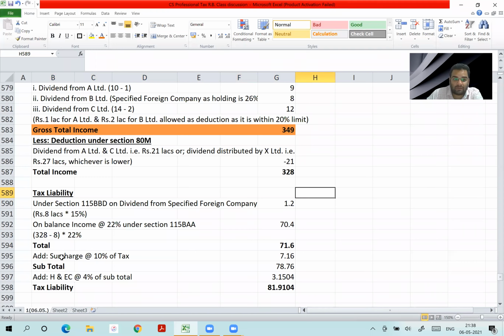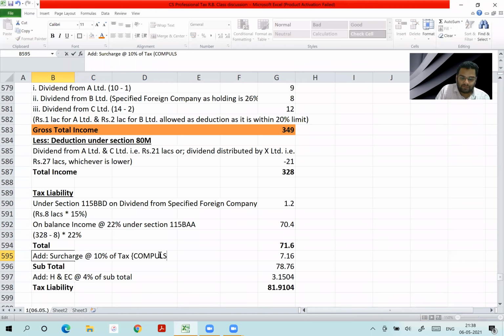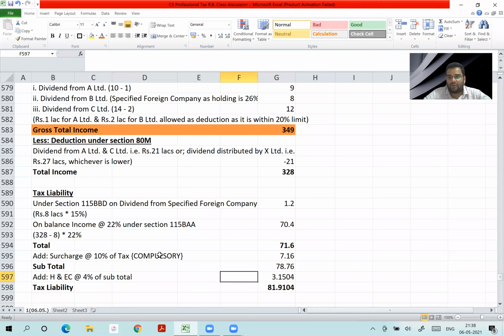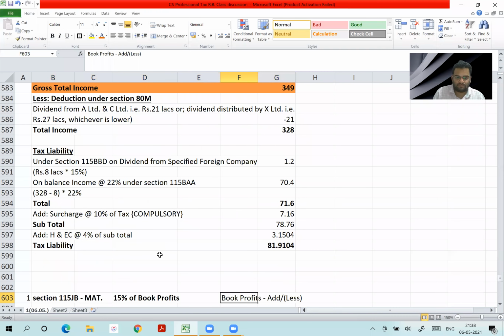You have to take surcharge at 10%. Is it optional or compulsory? This surcharge is compulsory. You will get a subtotal, you add health and education cess, and you will get the total tax liability. And in this case, no MAT. Why no MAT?